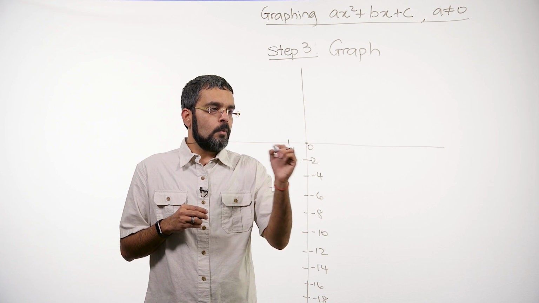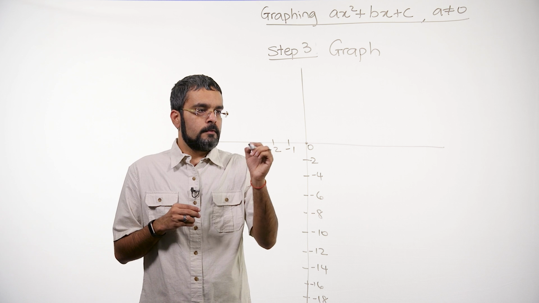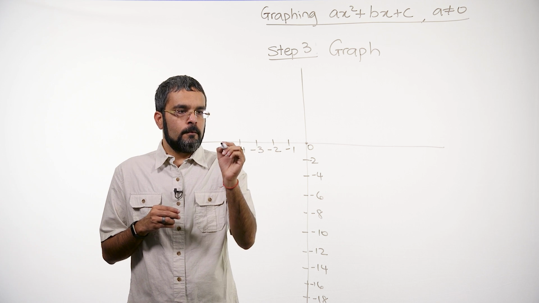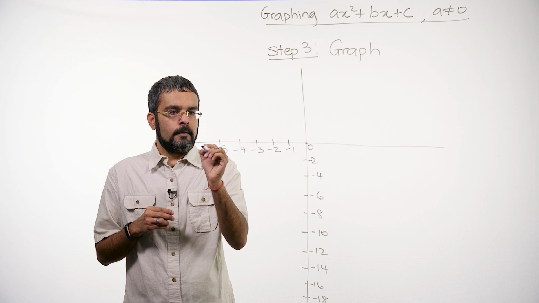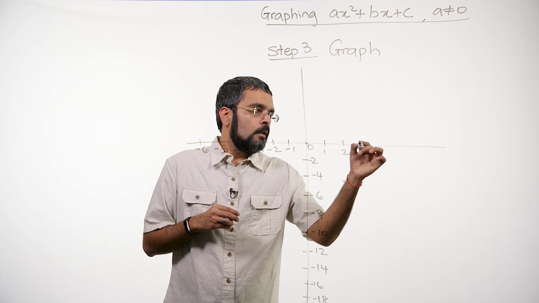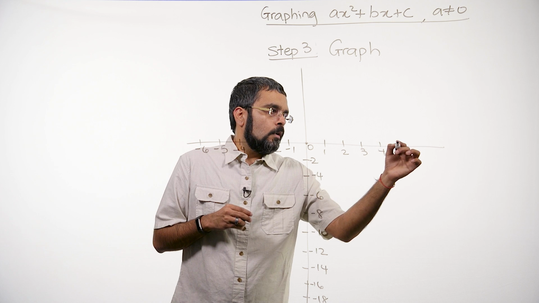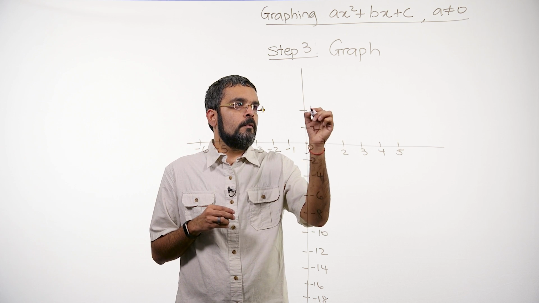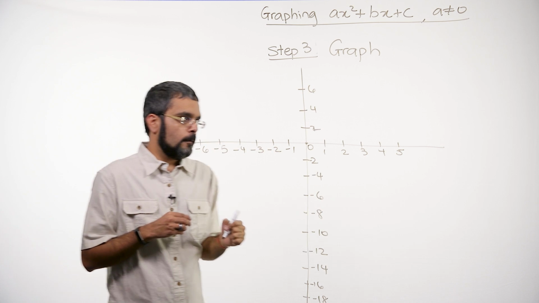And then I have negative 1, negative 2, negative 3, negative 4, negative 5, and negative 6. And then I have 1, 2, 4, 6, and so on.